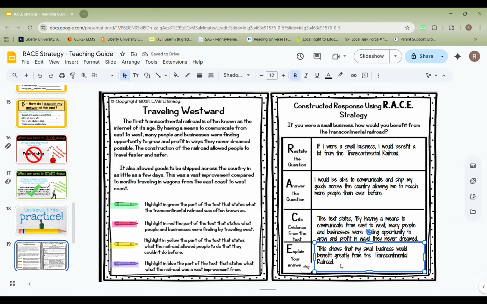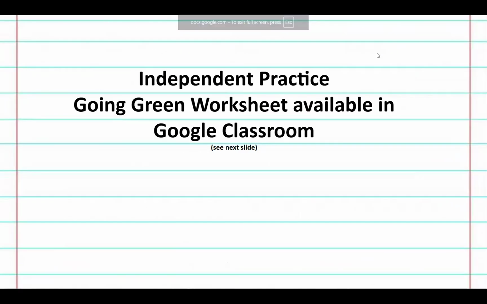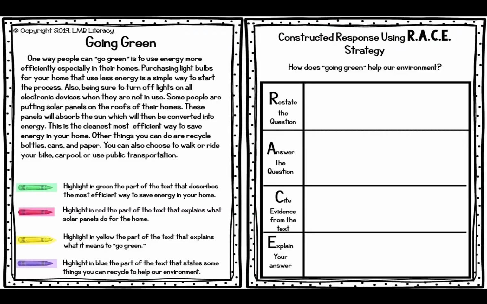All right. So you're going to have this as your tool. I am going to move on to the next slide because I want you to see what it will entail. We are going to work on the independent practice, which is the same thing, going green in Google Classroom. You can do it there.